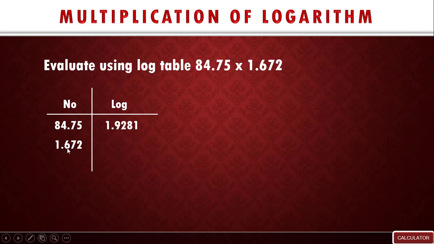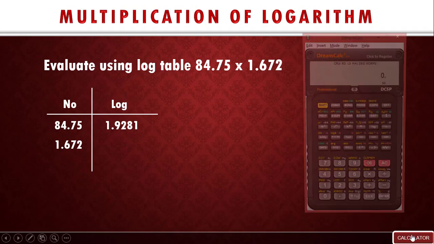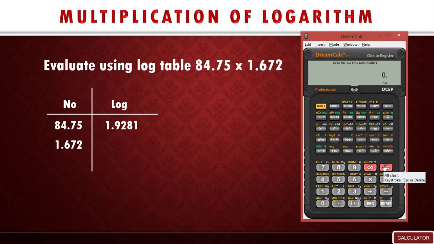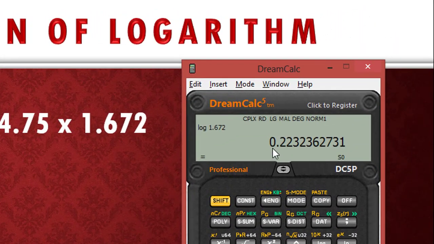So let's do the same thing for this other number. Find your calculator and then get the log of 1.672 and press equals or enter. You see right there, that's 0.2232.